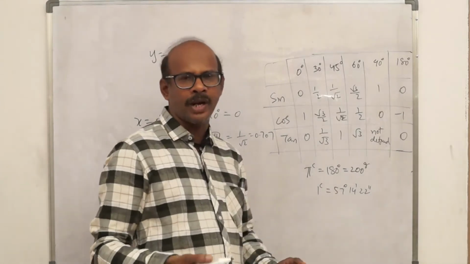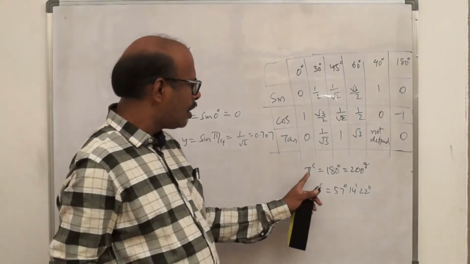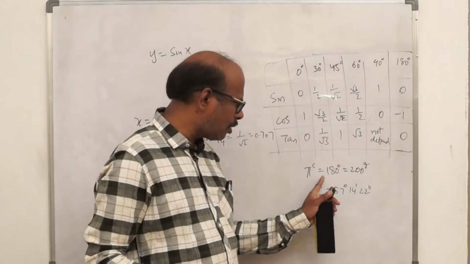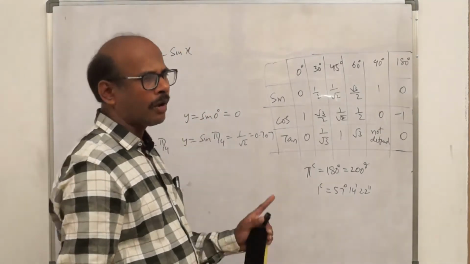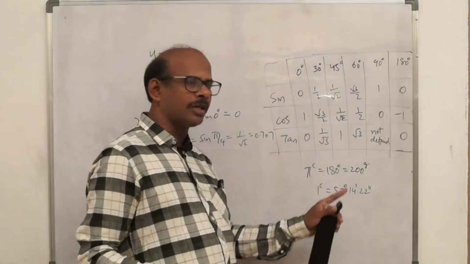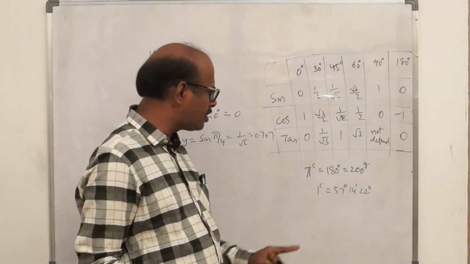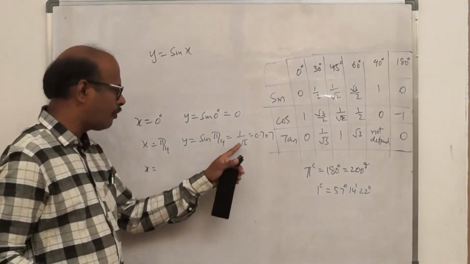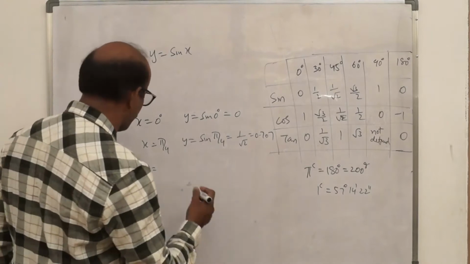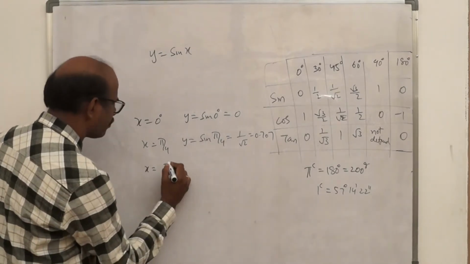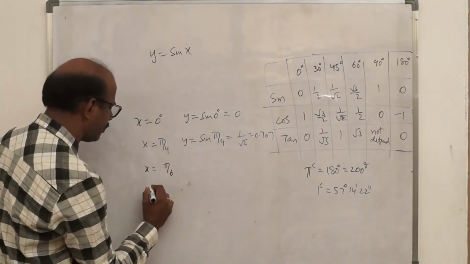Pi means 180 degrees, a straight angle. So pi radian is 180 degrees, and this is the formula used for converting one system of angle into the other, the radian system and the degree system. So pi by 4 is 45, where sin is 1 by root 2, 0.707. Next I am going to take 60 and also 30.